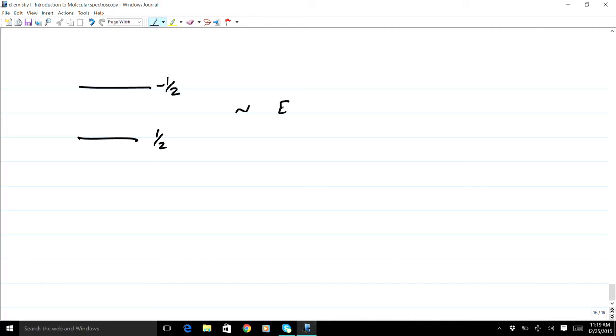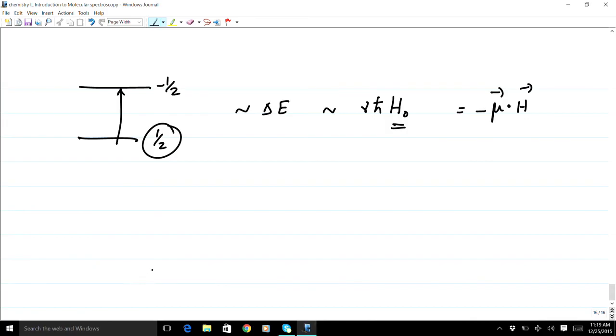So, you are looking at energy delta E of the order of gamma h bar H naught, which is the field, because the magnetic moment will interact with the field to have a certain energy, and that energy corresponds to the half quantum number orientation of a proton nucleus or a minus half orientation of a proton nucleus.